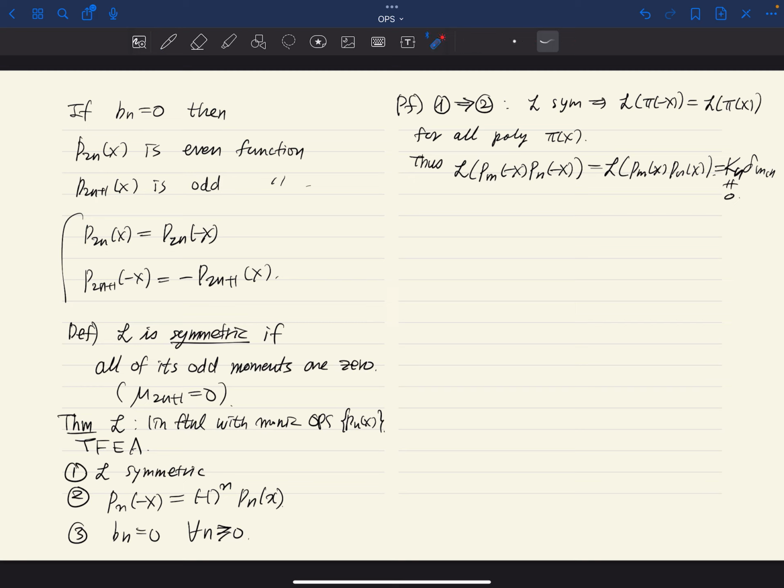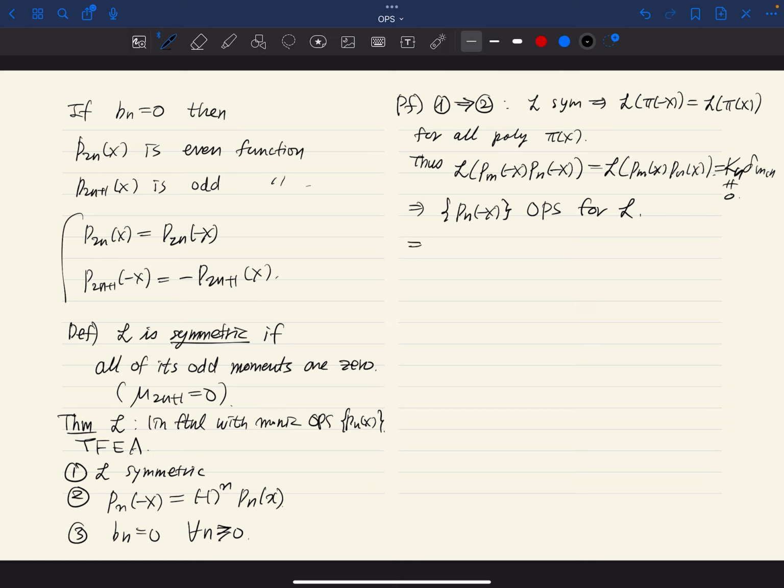That means this sequence is also an OPS, right? That means P_n(−x) is an OPS for L, right?